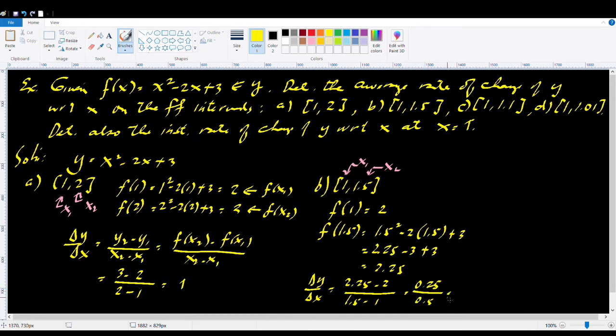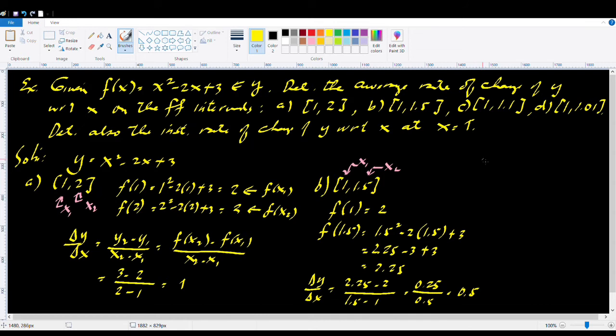That will give us 0.5. So for every change in x of 1 unit, your y will change by an amount of 0.5 units on the average over that interval 1 to 1.5.